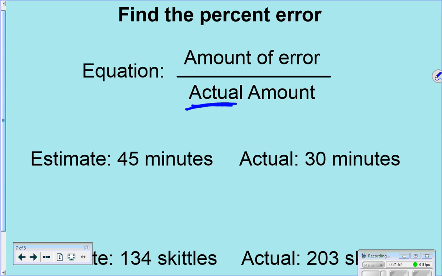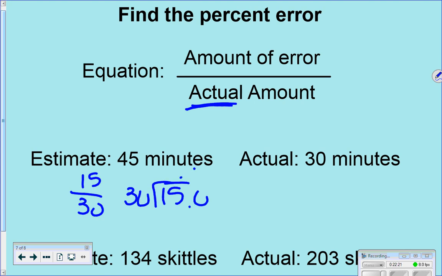So you're going to do the same thing here. Let's say I estimate it's going to take me 45 minutes to get to school, but it really only took me 30 minutes today. Okay? The first thing I'm going to do is subtract. How many minutes am I off? 15 minutes, right? What's my actual amount it took me? 30 minutes. Now I'm going to do my division.